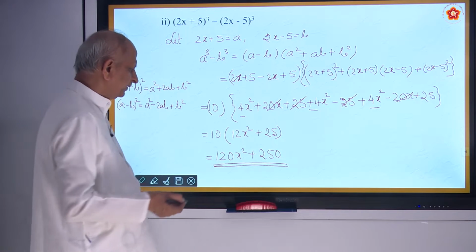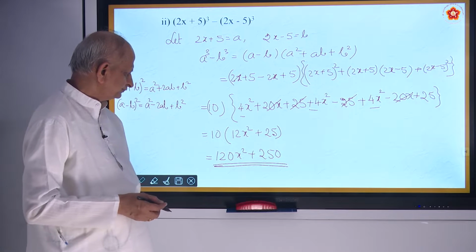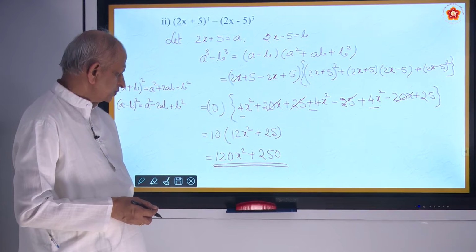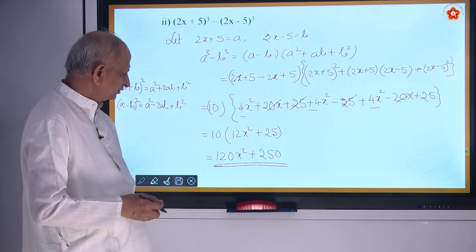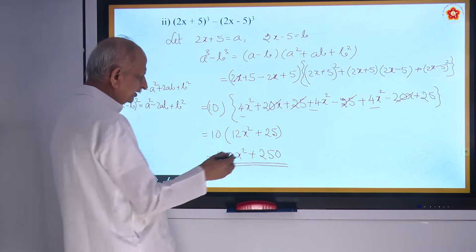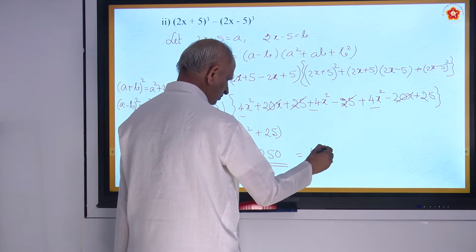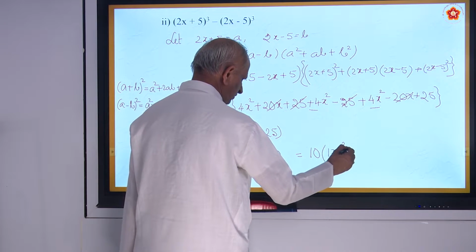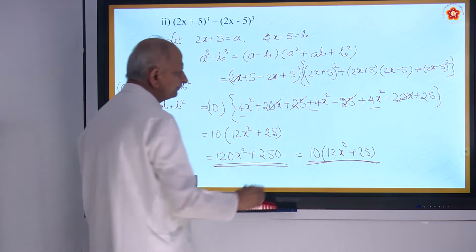If you want, you can take 10 outside. That is the answer for this. Okay. So if you take 10 outside, you get 12x² + 25. That is the simplest form.